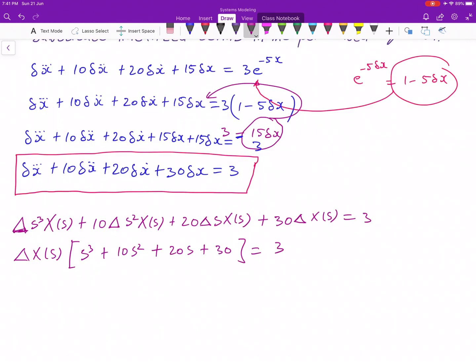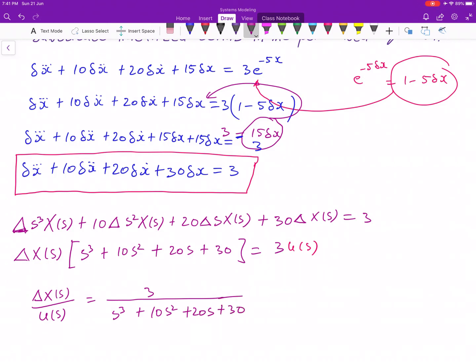So assuming that we had our U of s here, then we will definitely get the transfer function of this system, which will be delta X of s over U of s, which is 3 over s cubed plus 10s squared plus 20s plus 30.